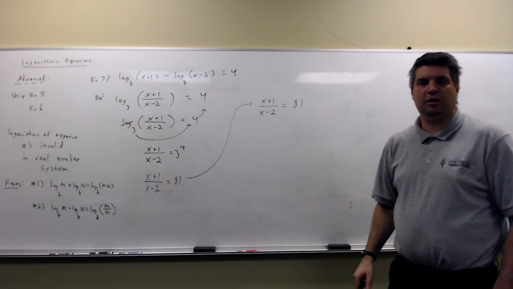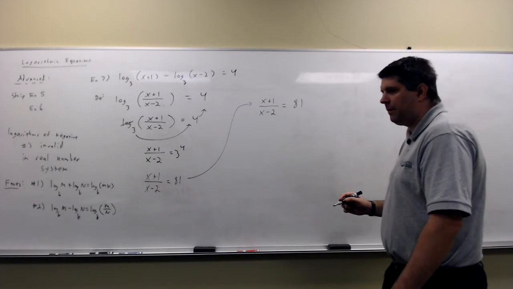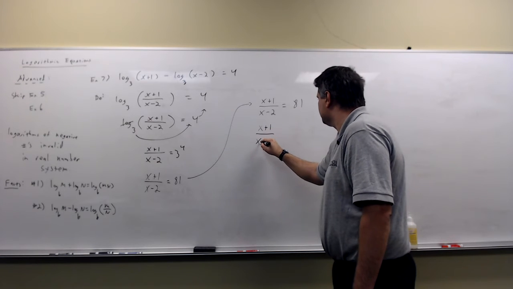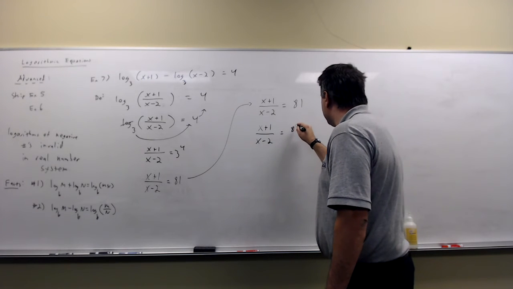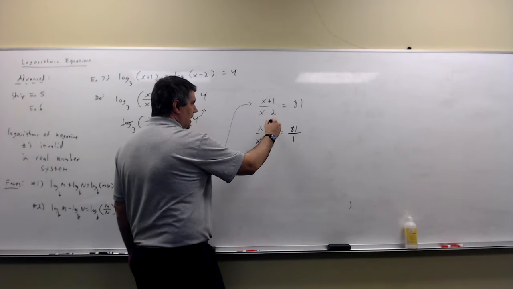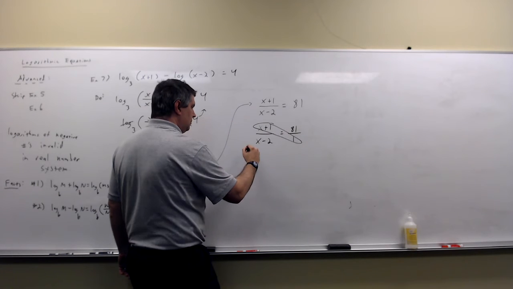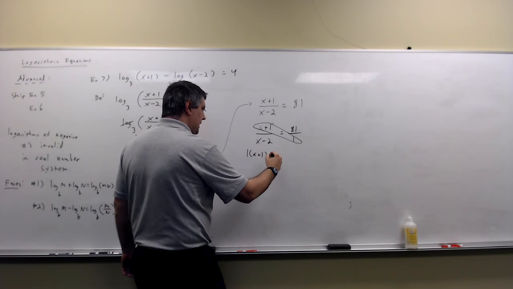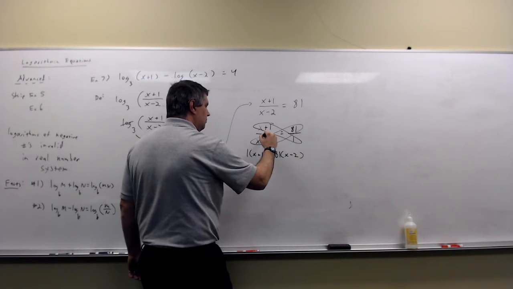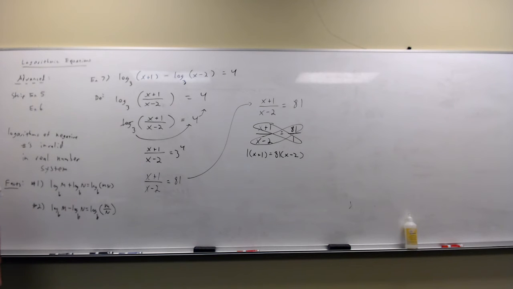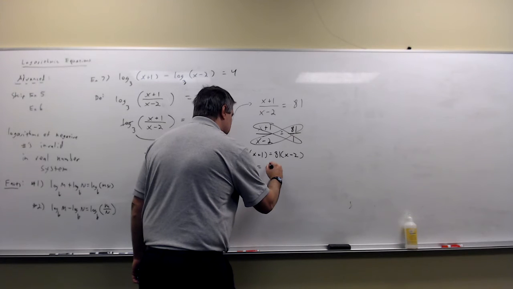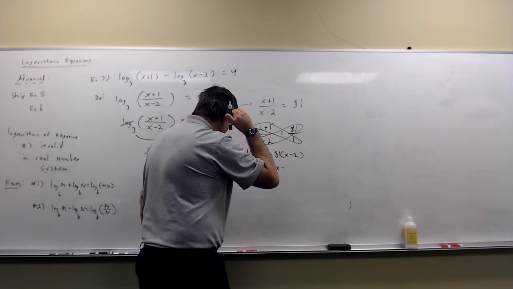Now you could clear the fractions using the LCD, but most of my students prefer to use a proportion. They'll convert this into 81 over 1, and take this times this equals 81 times x minus 2, like so. So this gives me x plus 1 equals 81x minus 162.